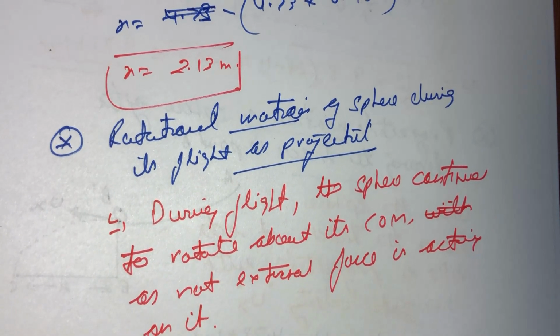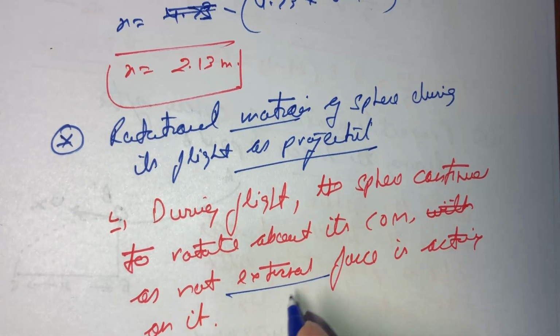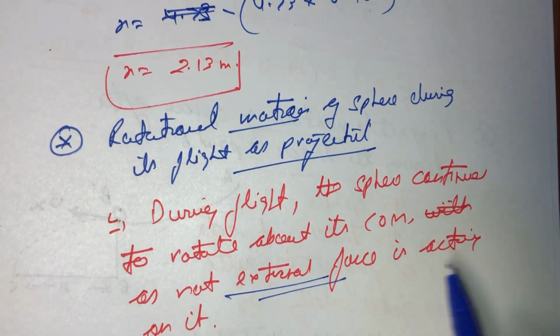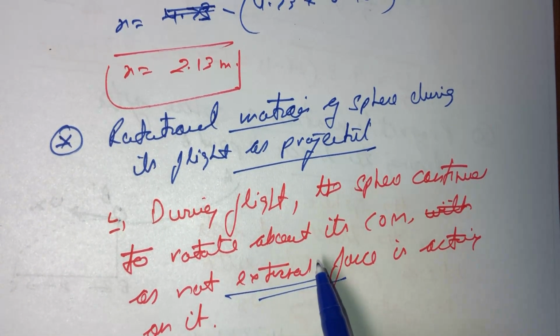So there is no external force acting on the sphere, so it is going to continue to rotate about its center of mass.